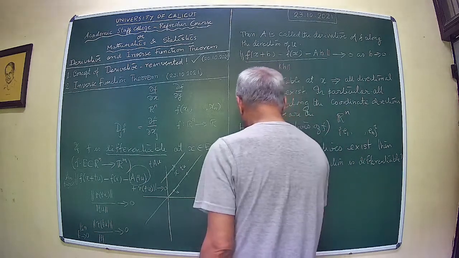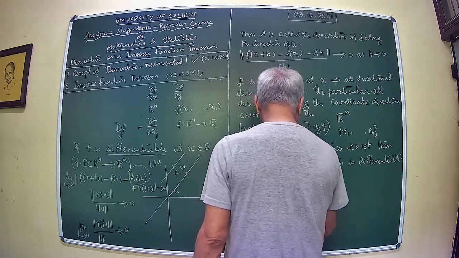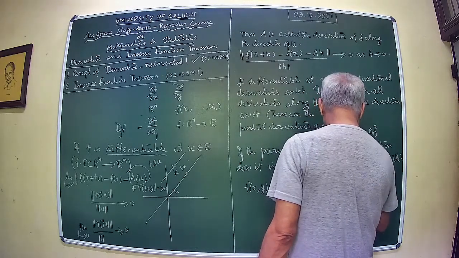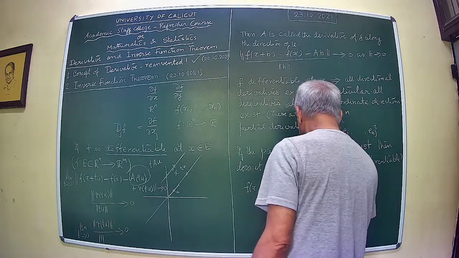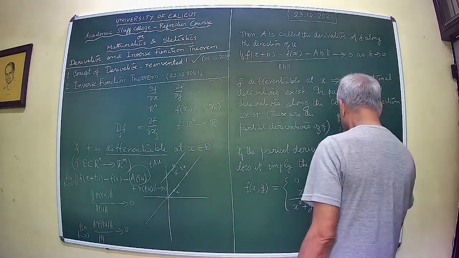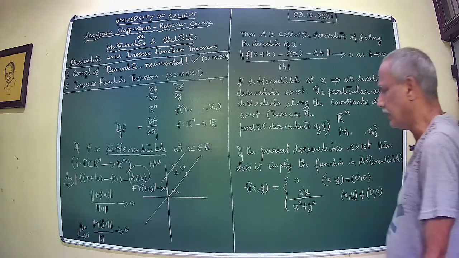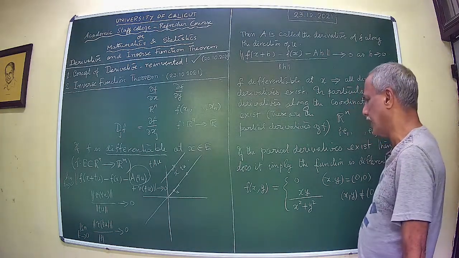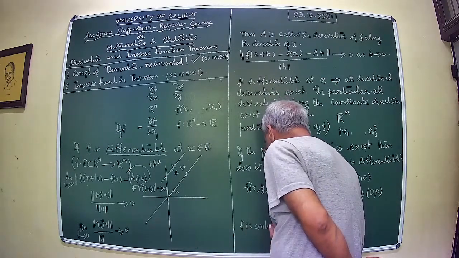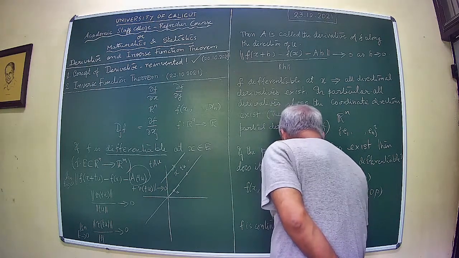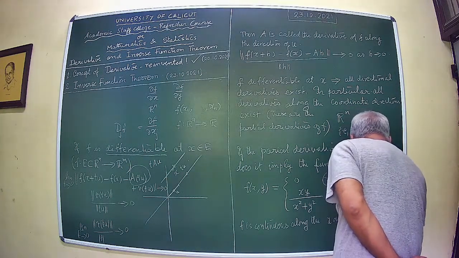So we have seen this example: f is zero at the origin, and otherwise equal to xy divided by x squared plus y squared. We considered this example last time, and we have observed that f is continuous along the x and y axes at (0, 0).